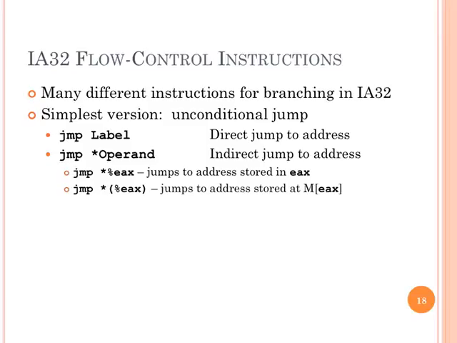So now we can actually use this for jumping to a location that is specified in a register. So jmp *%EAX, whatever the address is in EAX, that gets loaded into the instruction pointer. So you want to figure out how to set the instruction pointer to something? Well, load the value into EAX and then jump to it.